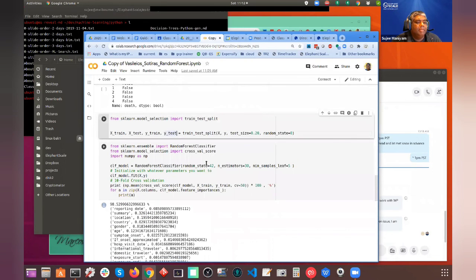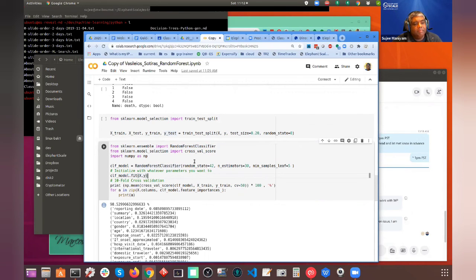Split, and then the random forest classifier right here. When you are doing this the first time, take a look at this one. What are the important parameters? This is pretty much the only parameter you need to specify: number of estimators, like the number of trees.